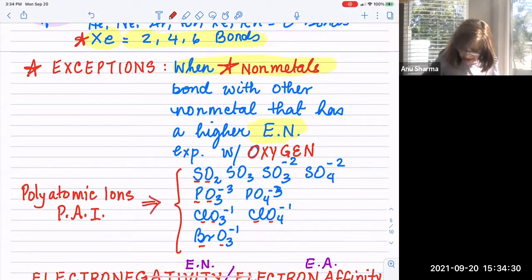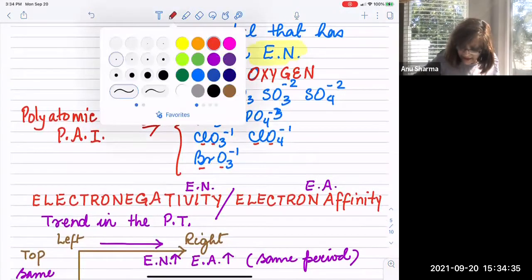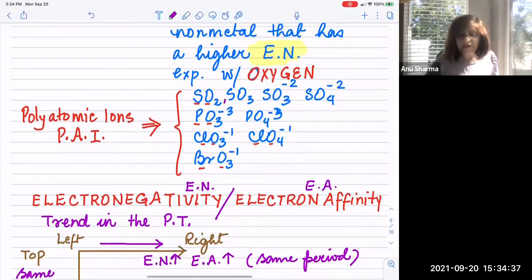That happens when oxygen combines with sulfur, and then it can form sulfur dioxide, sulfur with 2 oxygens, sulfur with 3 oxygens, sulfur with 3 oxygens with a negative charge, sulfur with 4 oxygens with a negative charge. So all these species are possible because sulfur can make more than one type of bonds.